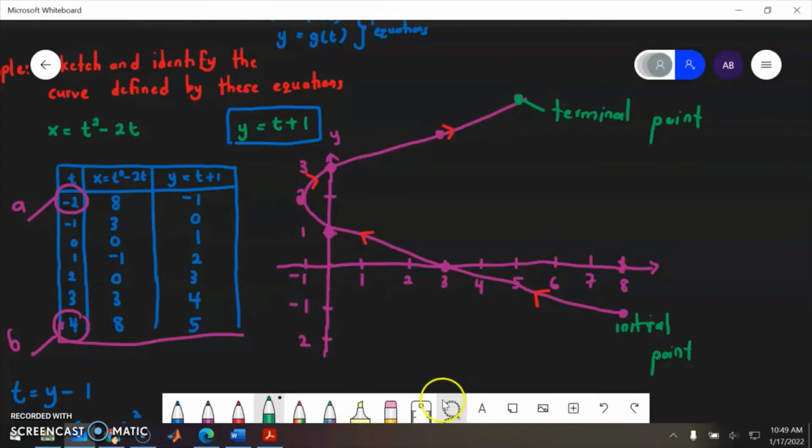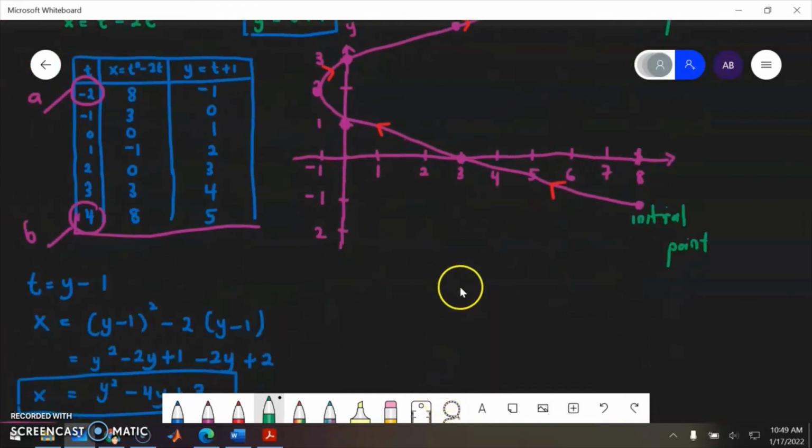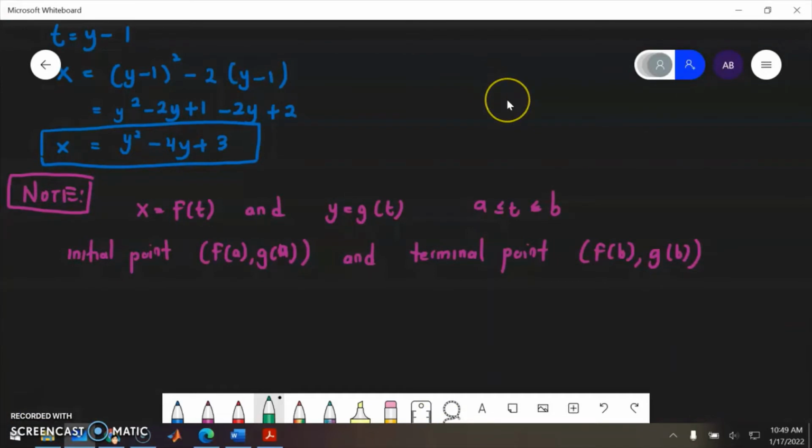So that's the given equation here. You have given two equations involving f and g. Okay, so this is how you sketch a parametric equation. If you're given any function, you should be able to sketch it and determine how the curve moves.